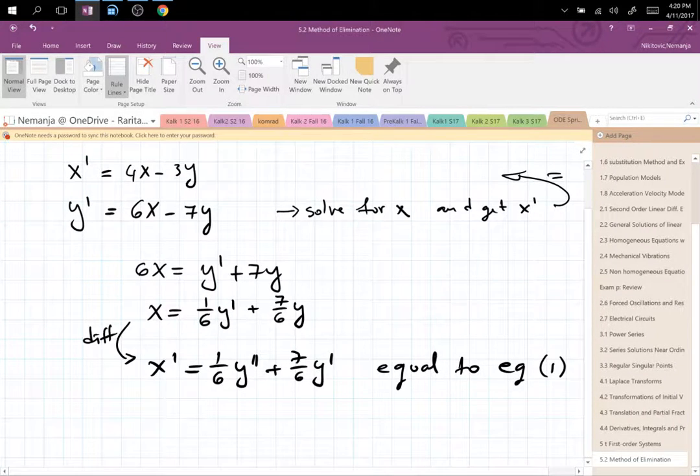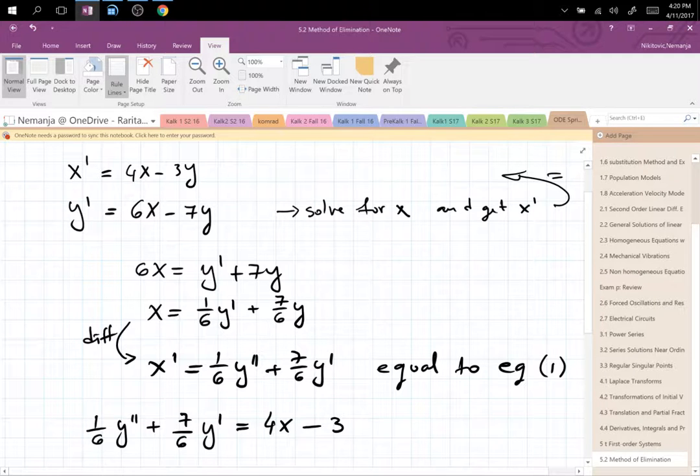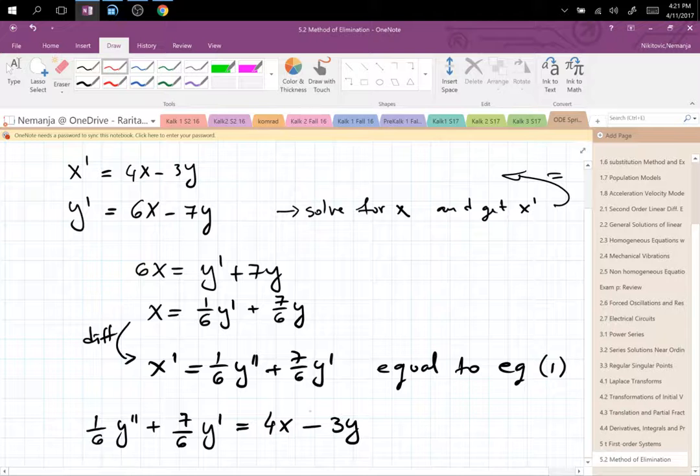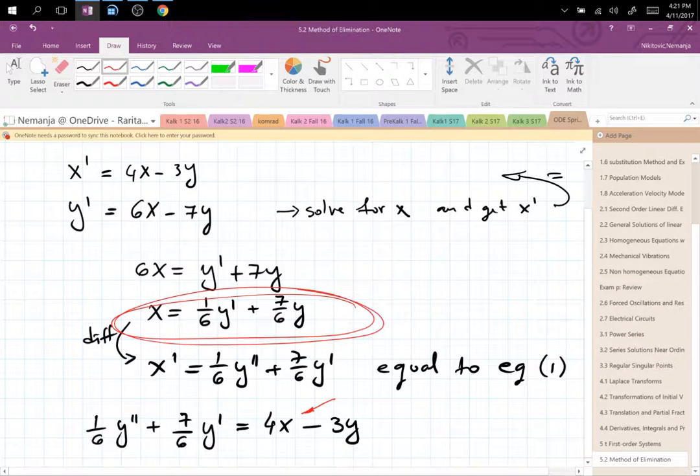So from the bottom one I have 1/6 y double prime plus 7 over 6 y prime is equal to 4x minus 3y. All right, now time to cry about this x over here, because everything else is in terms of y. But look at this one. You see that? Plug it in.